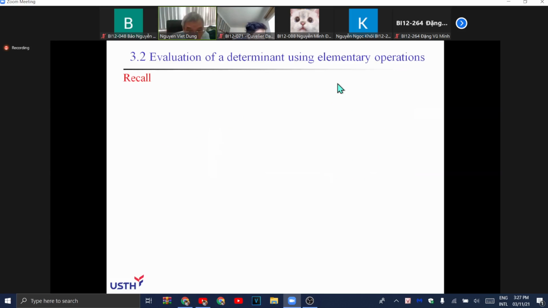So that is our example. And now I will show you another way to evaluate or to compute the determinant of any square matrix, and that method uses the so-called elementary row operations.